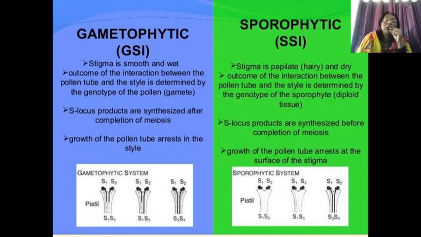In the GSI system, these S locus products are synthesized after completion of meiosis. When meiosis is completed, at that time these S locus products are synthesized. While in the SSI system, the S locus products are synthesized before completion of meiosis, because these are determined by the genotype of the sporophytic tissue.